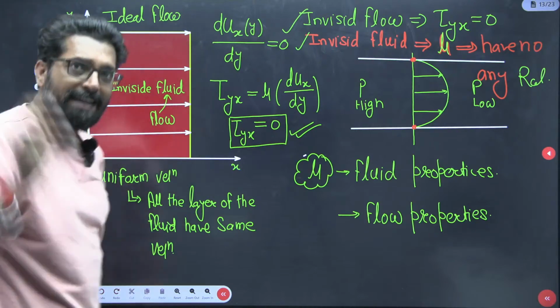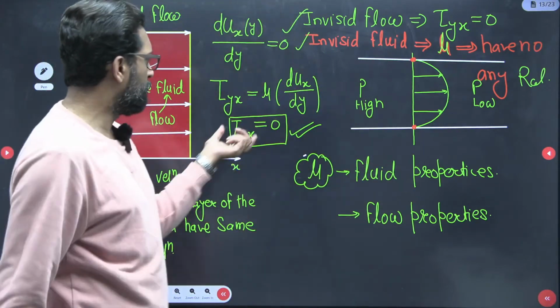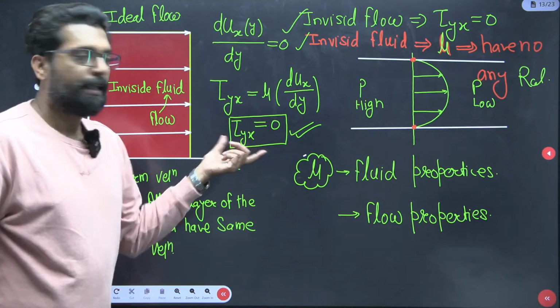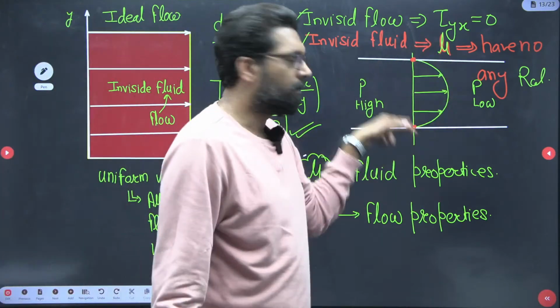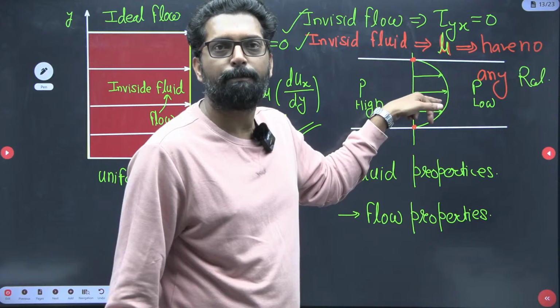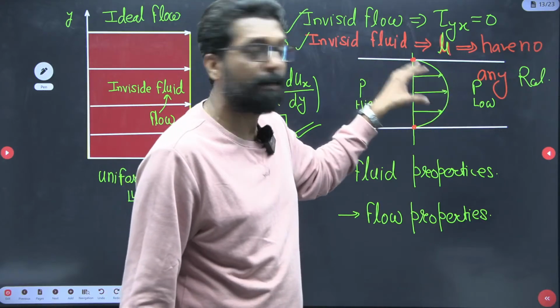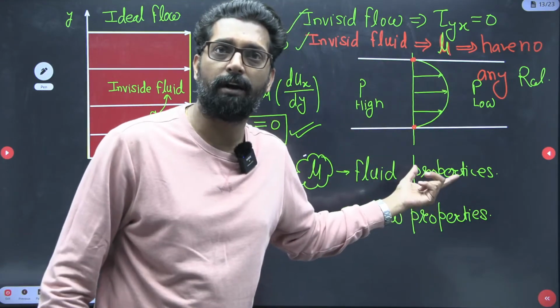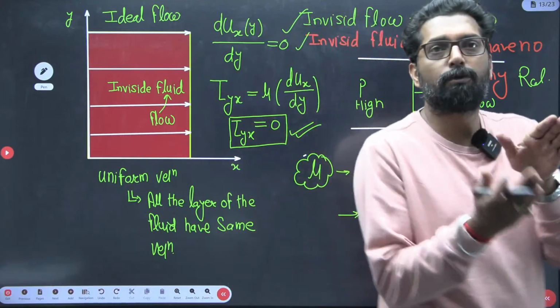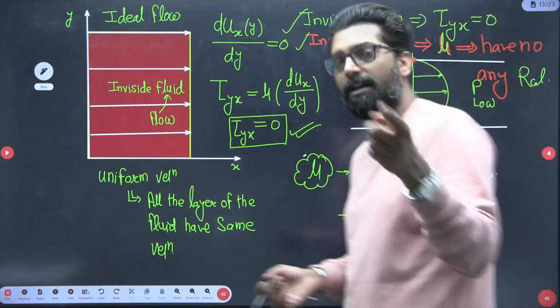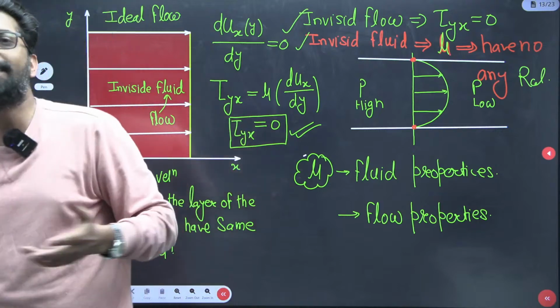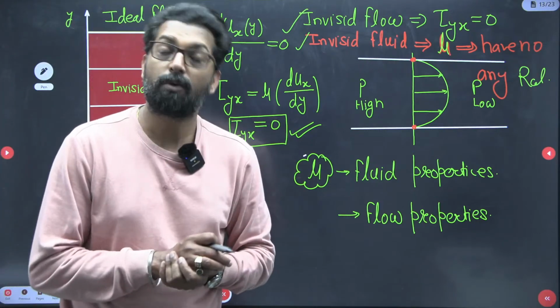So in the case of ideal flow, there is no shear stress. In the case of flow between two parallel plates, the viscous shear stresses differ, and for flow between two parallel plates with one plate moving with a constant velocity without any pressure difference, the shear stress is constant throughout.